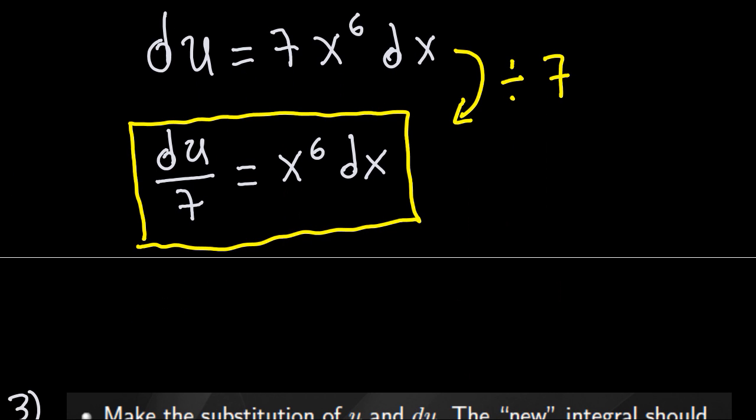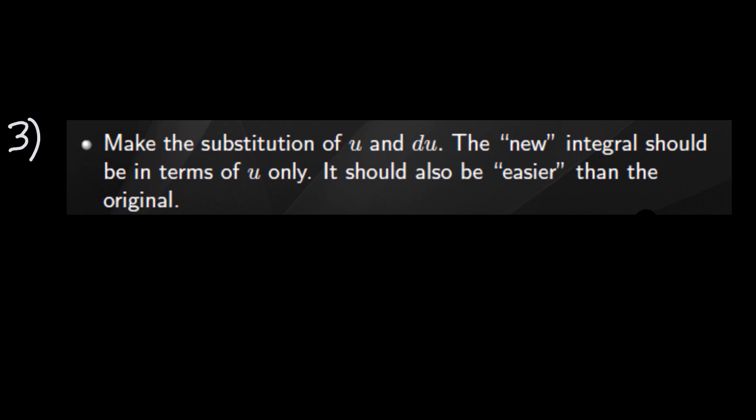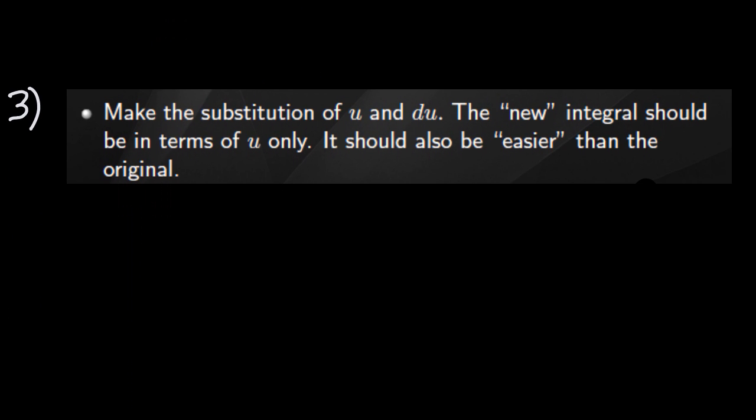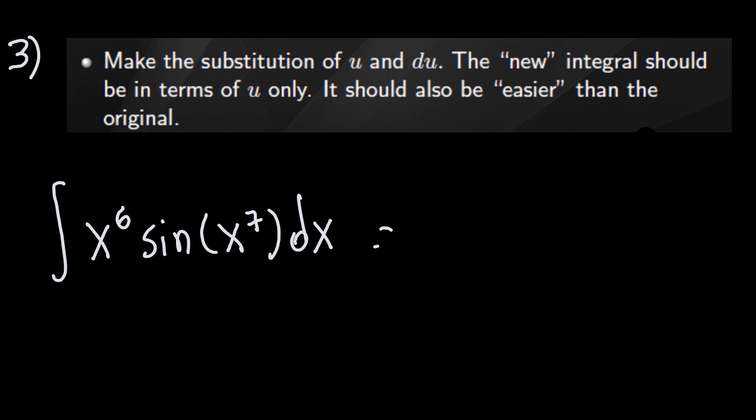Now what I can do is go ahead and make that substitution. So let me write down the original integral again. The original integral was the integral of x to the 6 sine of x to the 7 dx. What I'm going to do is bring this x to the 6 and the dx together so you can see the substitution.